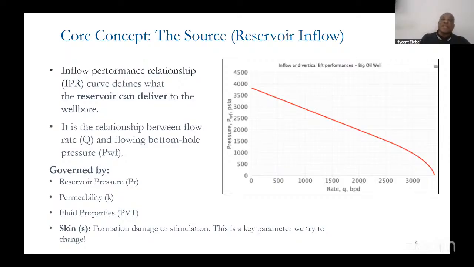If the permeability is higher, the higher the amount of fluid that you can flow into the wellbore. Then we're also looking at things like fluid properties. For instance, a highly viscous reservoir makes inflow very difficult, right?